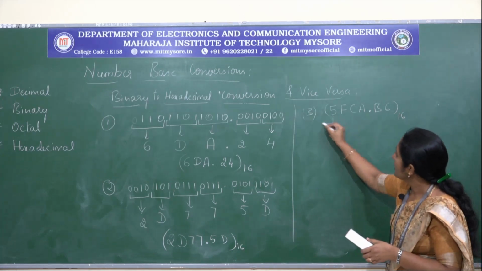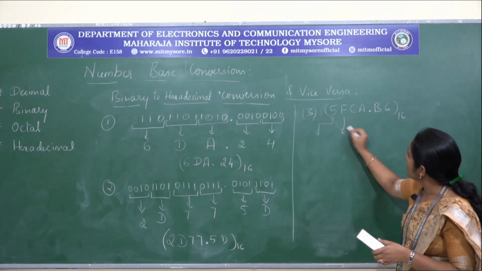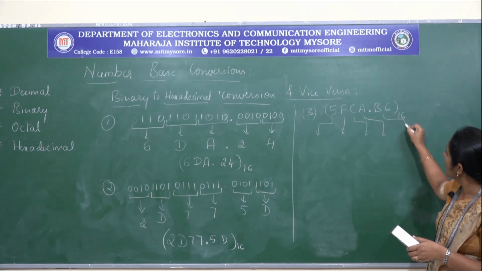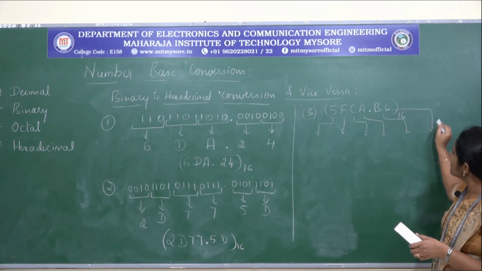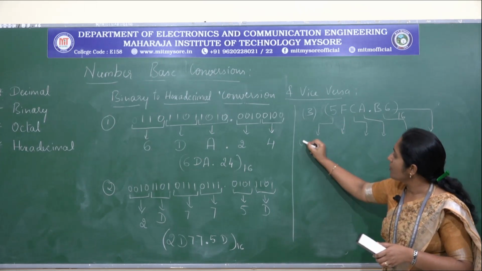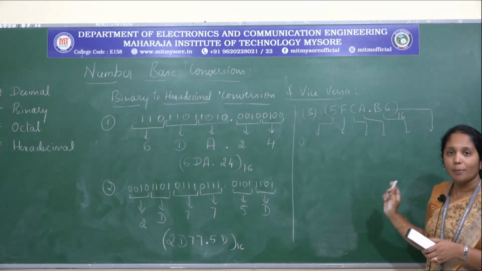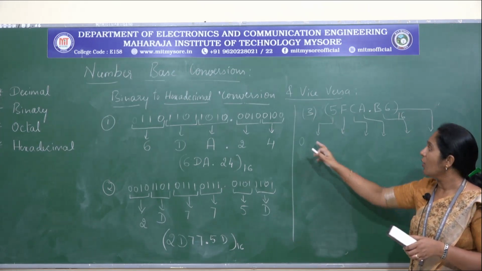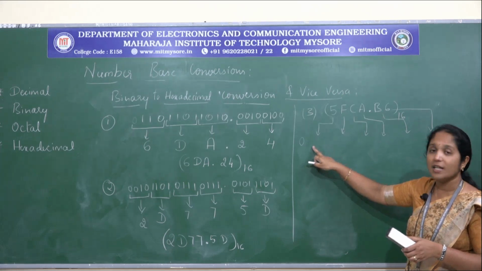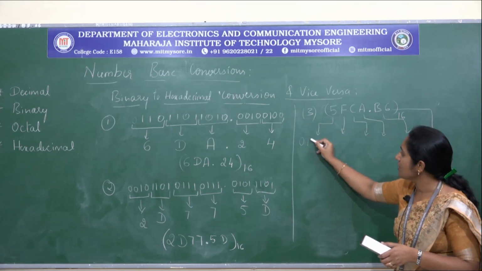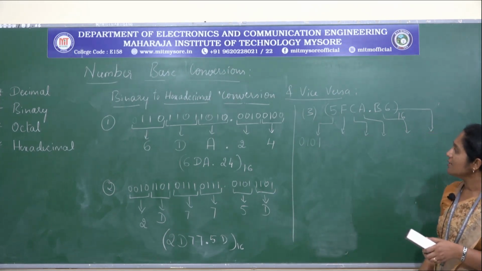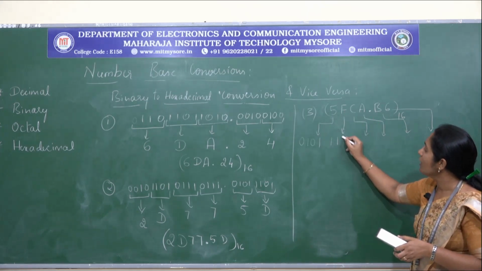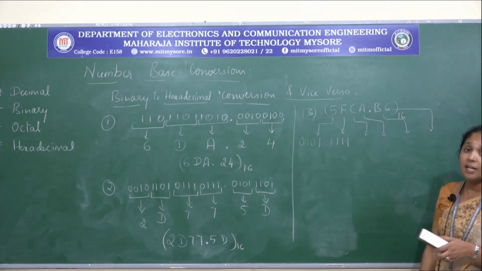Here I have 5, next F, C, A, B, at last 6. 5 can be represented using only 3 digits, but we are representing 5 using 4 digits, that is the procedure we need to follow. 0101 is 5, F is 15, which is 1111.